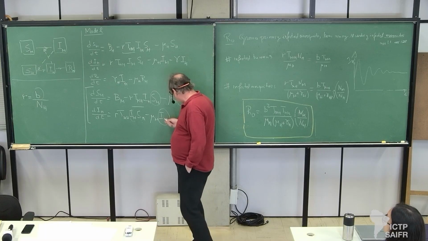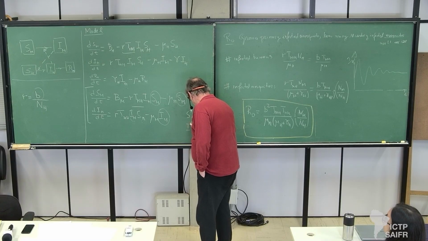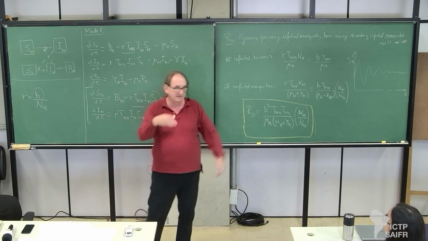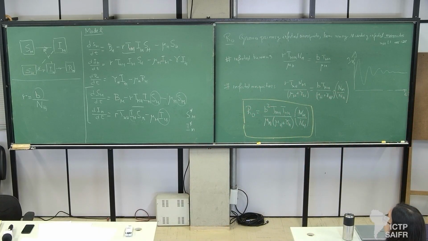So you can get the equilibrium values, which I would call S_M star and I_M star. I don't want to do all the algebra because we will get lost in the algebra and lose a lot of time. I just want you to see that this is possible to do.